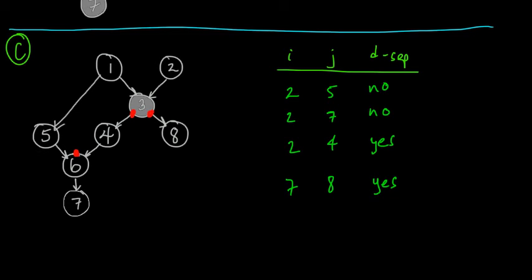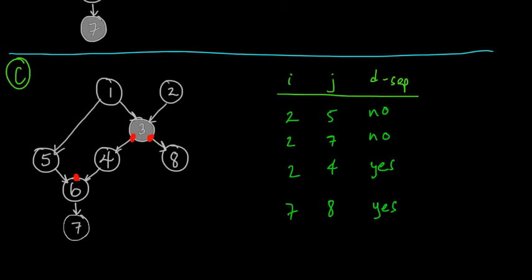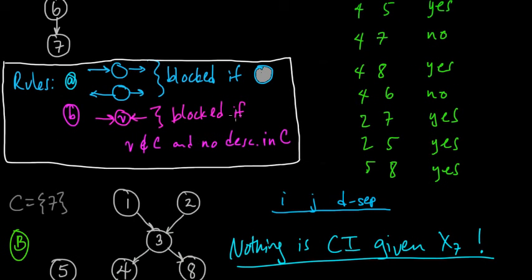And of course, you could always do this same approach for sets, even though we were just looking at pairs of random variables and only conditioning on a single random variable. We could always extend this to sets, because these rules work in the same way. The fact that a particular path is blocked is only concerned with a pair of random variables and with being blocked at a single random variable.